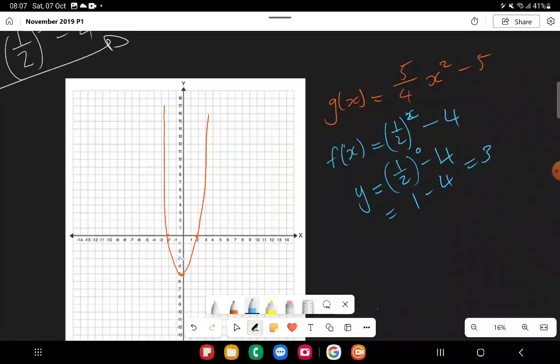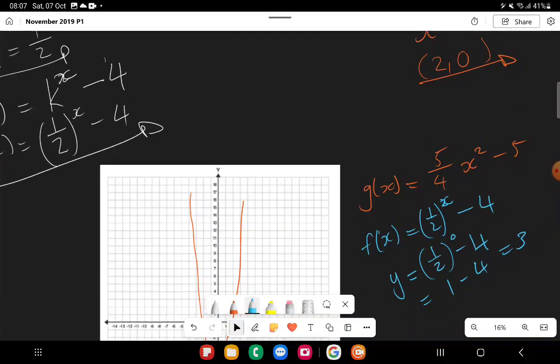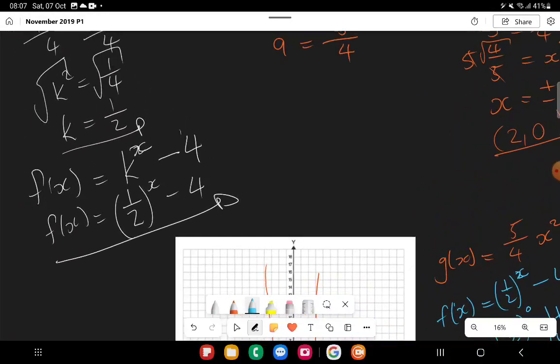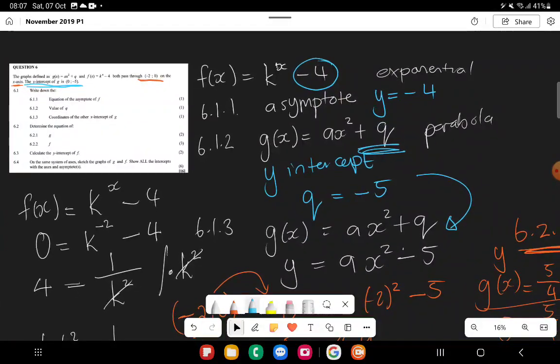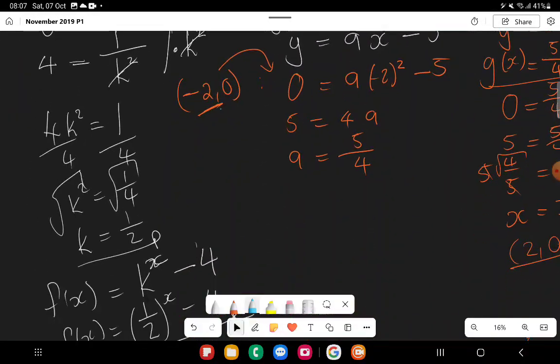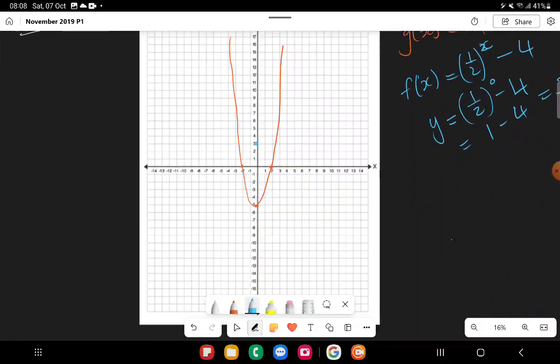So our y-intercept here will be at positive 3, sorry, correction. Okay, let's take that line back up there. That is going to be our y-intercept. We have an x-intercept, and according to the question, it is at negative 2, 0. That is going to be our x-intercept.